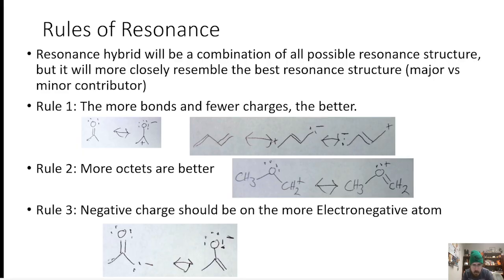However, if a negative charge has to be placed, placing it on the more electronegative atom is preferable. So having a carbanion versus an oxyanion, you'd prefer the oxyanion. Both atoms will have an octet in both resonance structures, and it's better to have the oxyanion in this case.